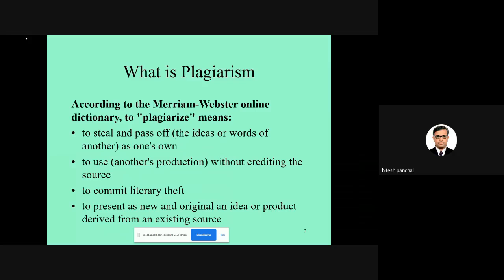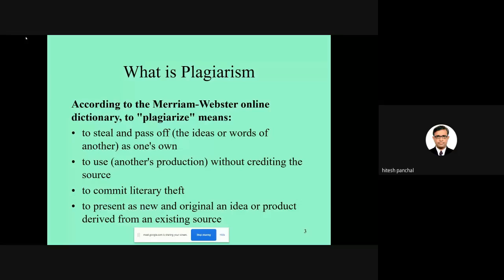Now, what is plagiarism, we all know, because day before yesterday you heard the same word. According to the Merriam-Webster online dictionary, the meaning of plagiarism is to steal and pass off the ideas or words of another as your own. Suppose somebody has done work, and you are using the same words without giving him or her credit, and you are showing that it is your own work.